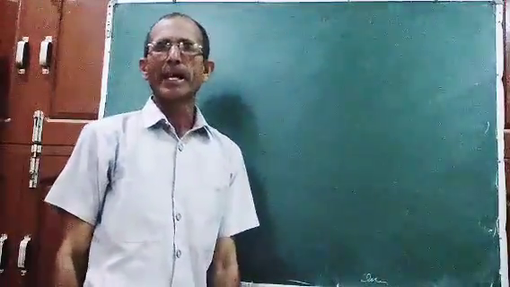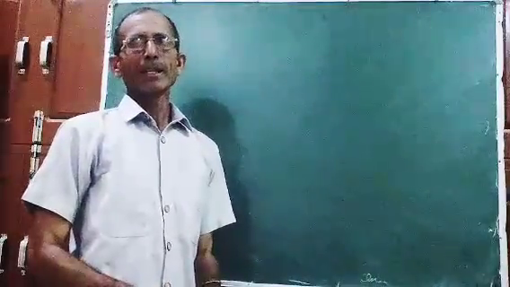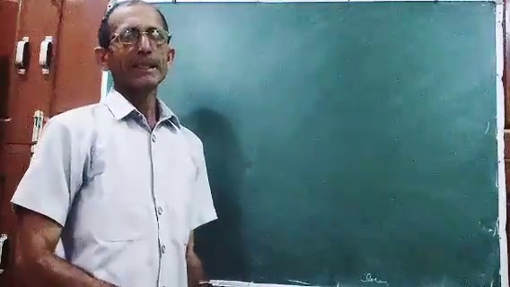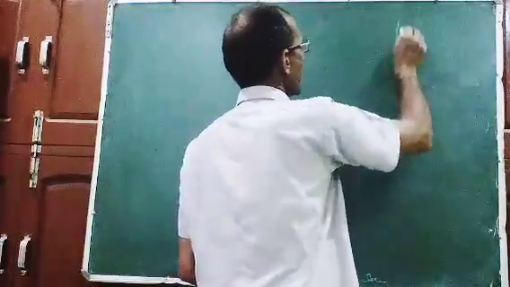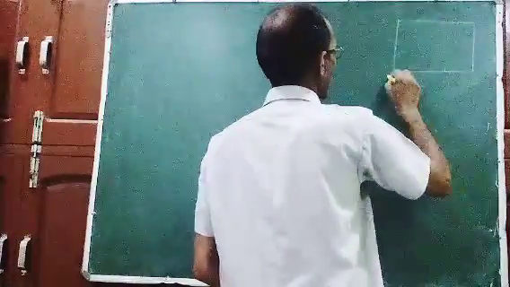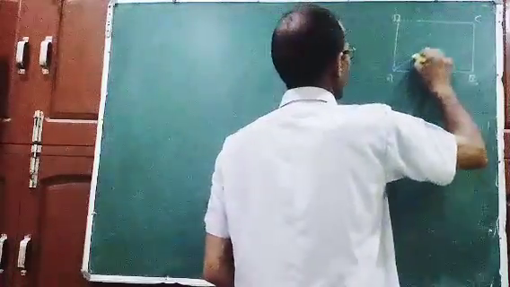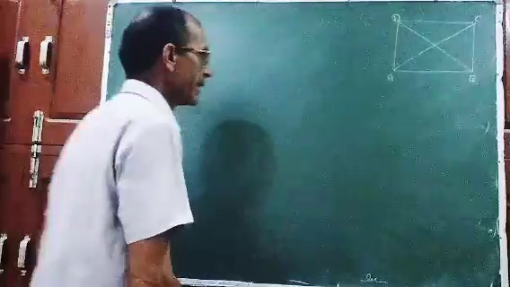If the diagonals of a parallelogram are equal, then prove that it is a rectangle. So this is a parallelogram ABCD. These are the diagonals, it means AC is equal to BD.